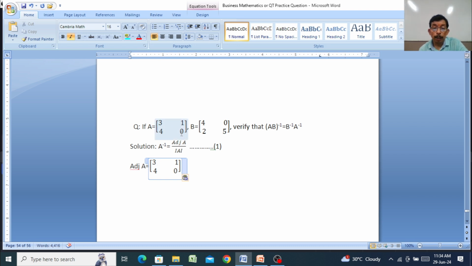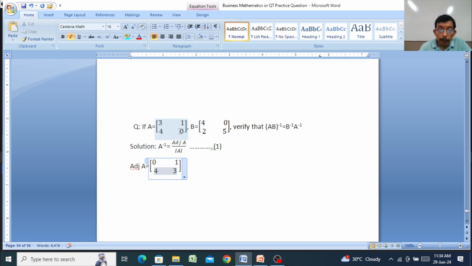Interchange the main diagonal elements: 3 replaced by 0 and 0 replaced by 3. It is clear?